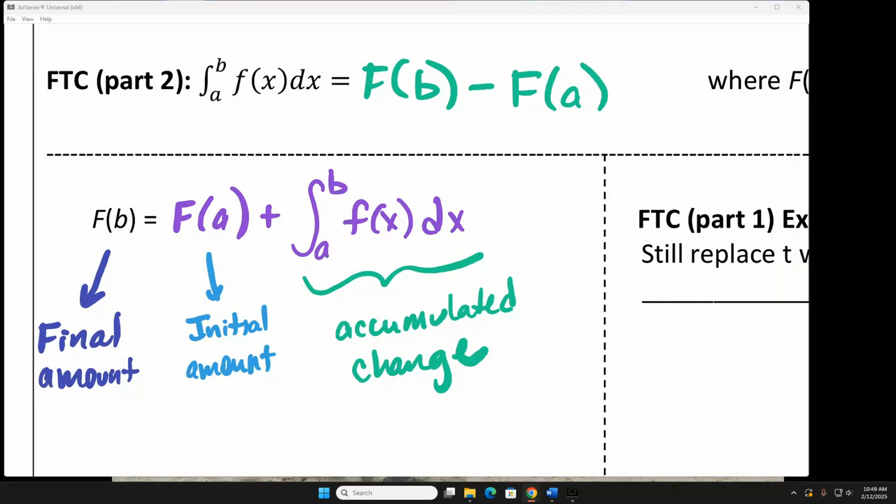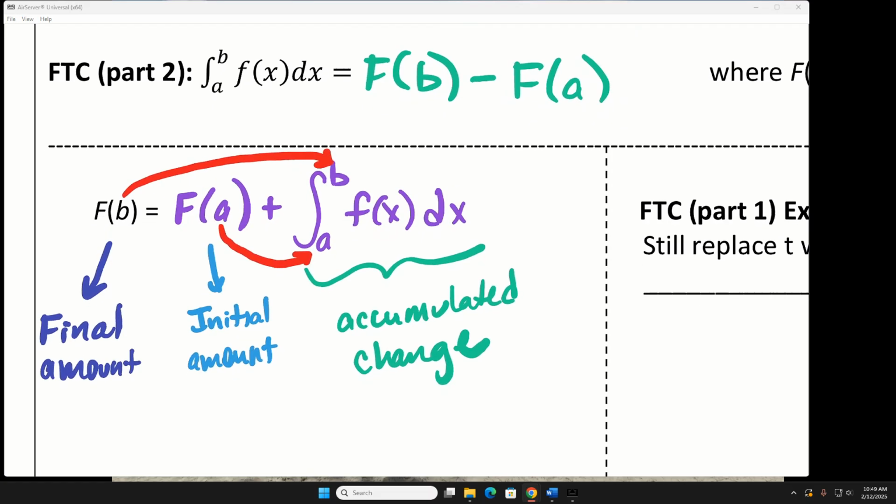And so to set this up, your final amount that you're finding, f of whatever, needs to be the upper limit. And then this initial amount, where that is located, needs to be the lower limit. All right, so here we go.